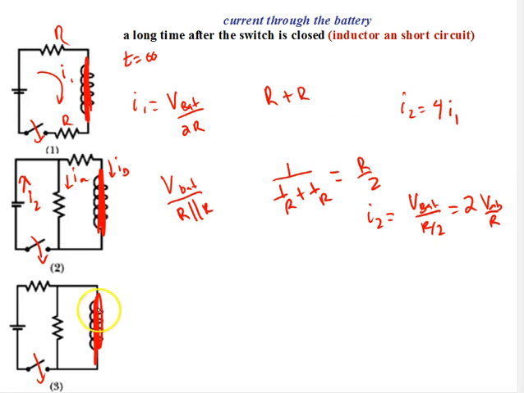So that's obviously greater. If we look at this circuit here, this is shorted, so this current's going to flow, and no current's going to flow down here because all the current's going to end up flowing this way because this is a short circuit.